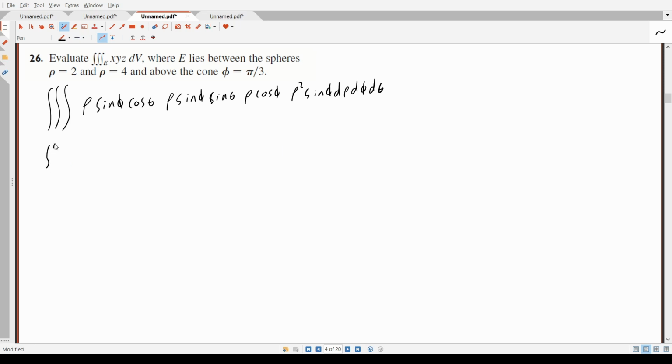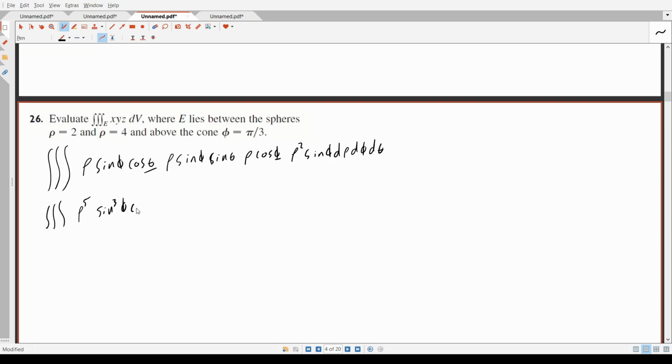So I simplify, and I get rho to the fifth sine cubed phi cosine phi times cosine theta d rho d phi d theta.